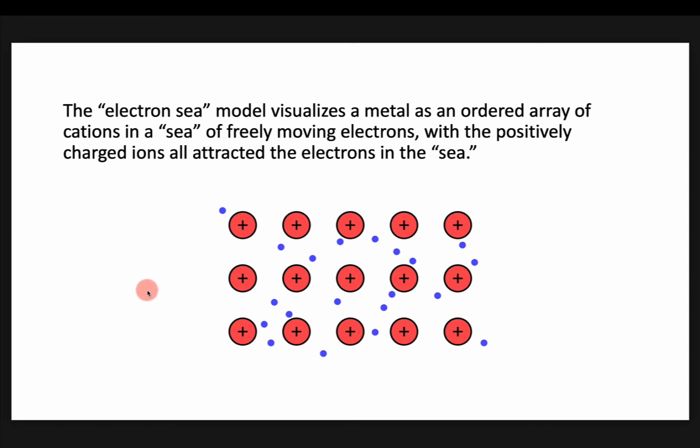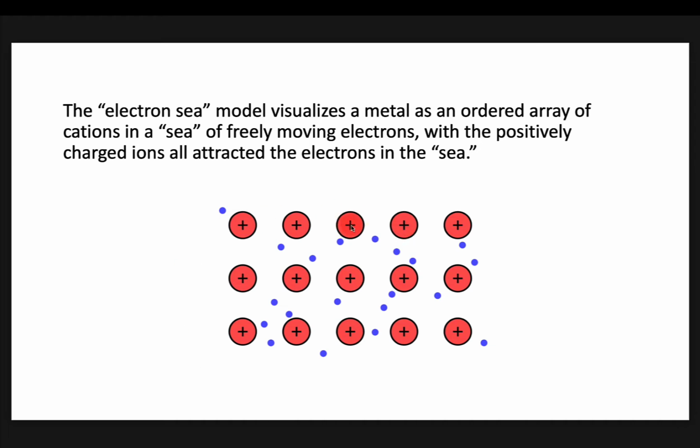And so what takes place here basically is that none of the electrons are really bound to any particular metal atom. Since the metal atoms have such a weak hold on their electrons, the electrons are just kind of free to move about amongst the metal atoms. And so the picture kind of looks like this.